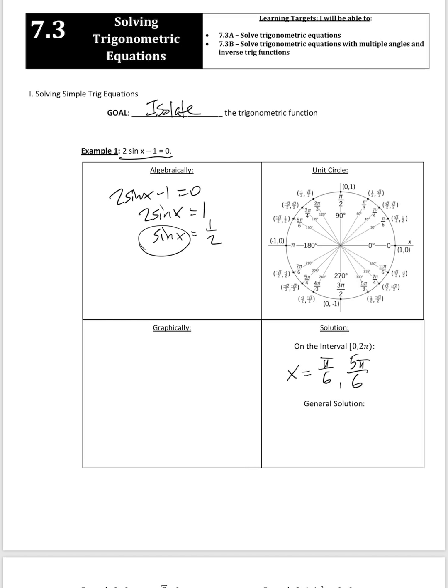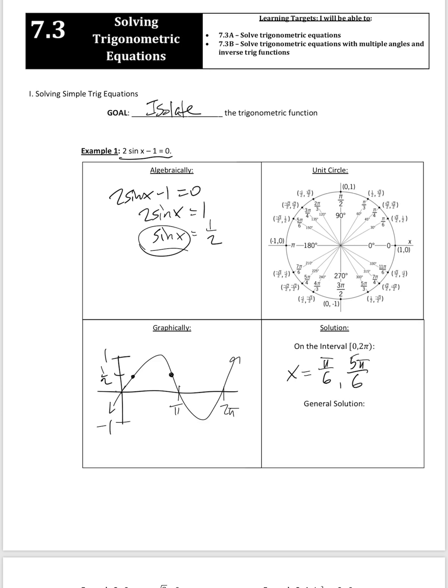Now, we could have graphed this function. Okay, so I'm looking at sine of x. This is pi, this is 2 pi, this is 1, this is negative 1. And where is this graph? Where's the y value equal to 1/2?